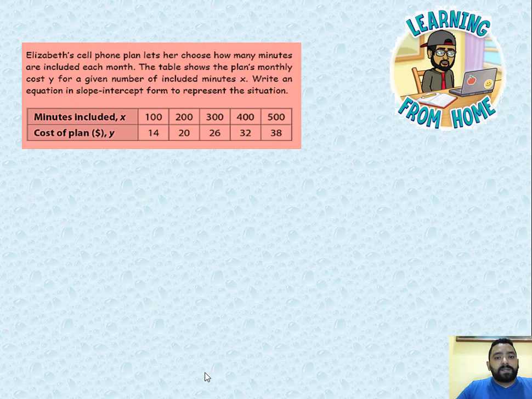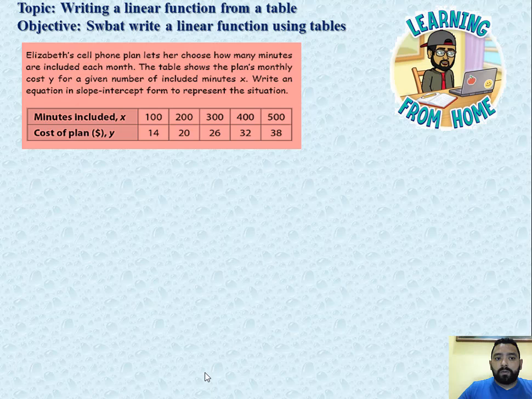The second example: here we have Elizabeth's cell phone plans, which let her choose how many minutes are included each month. The table shows the plan's monthly cost for a given number of included minutes, which is x. Write an equation in slope-intercept form to represent this situation. Remember, first it's important to identify y2 and y1, x2 and x1.